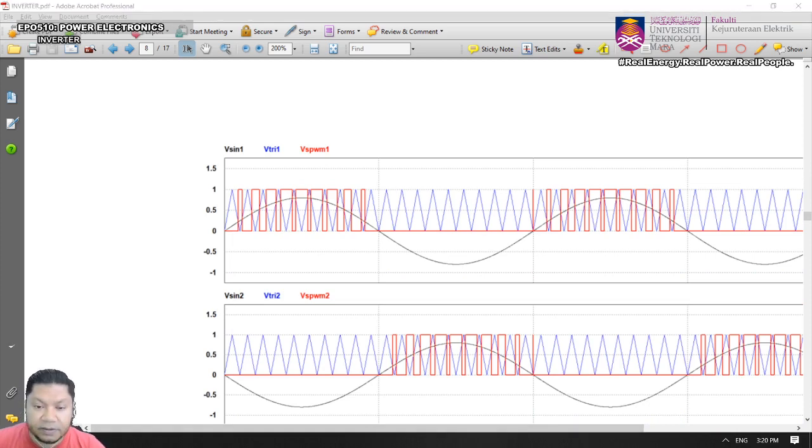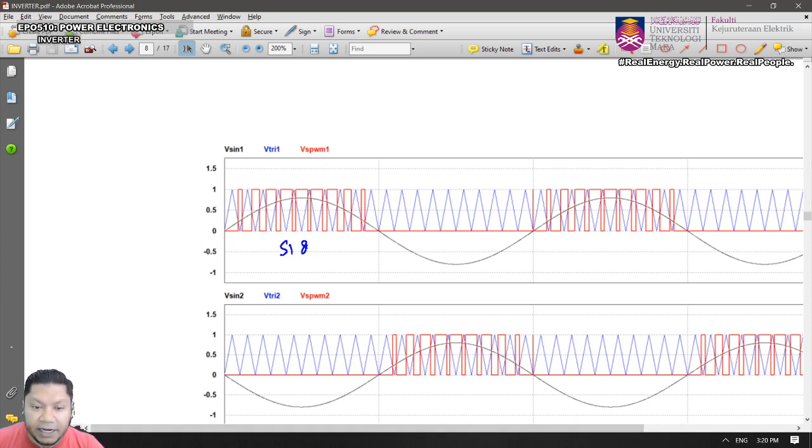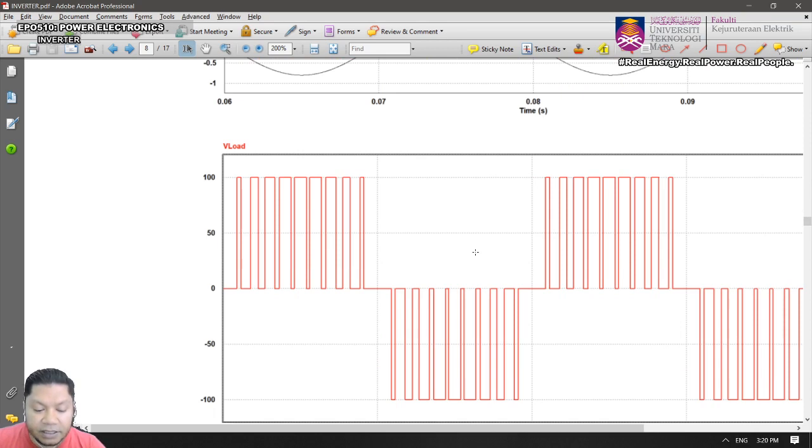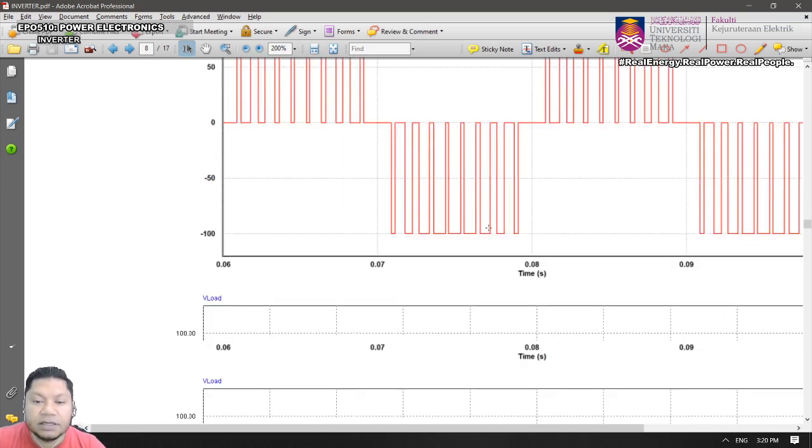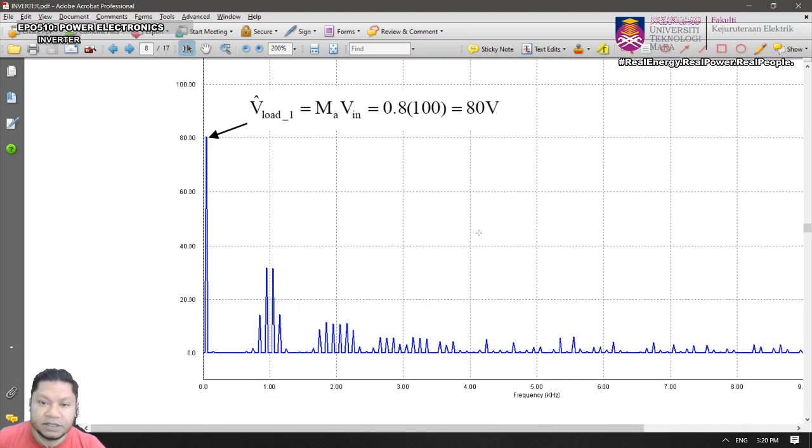This will be supplied to S1 and S4, and this will be connected to S2 as well as S3. Therefore you're going to have the output voltage equal to that. Because this is a full bridge, it becomes 100 volt and minus 100 volt. And if you look at the harmonic spectrum, the fundamental becomes 80 volt because your modulation index is 0.8 and your full bridge supply is 100.